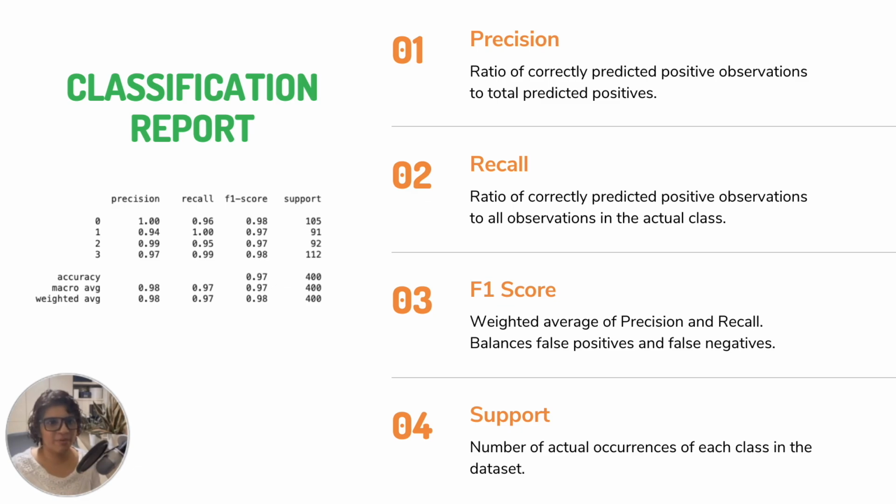It measures the proportion of actual positives that were correctly identified. Next is F-score, which is the harmonic mean of precision and recall. It's a balanced measure that takes both false positives and false negatives into account. We also have the support column, which is the number of samples of each class in the dataset.